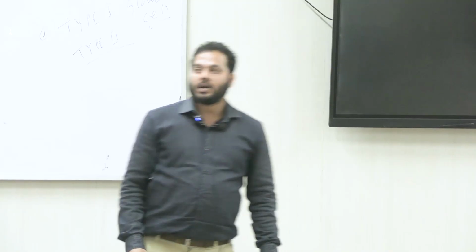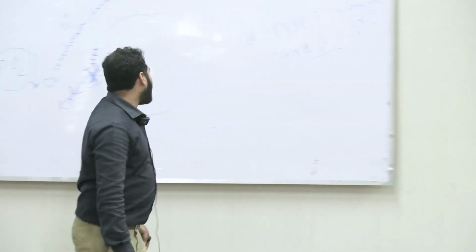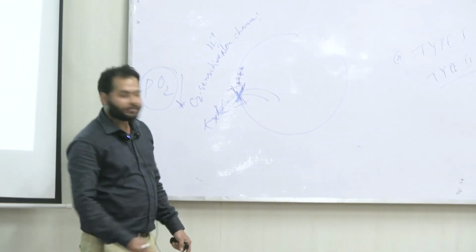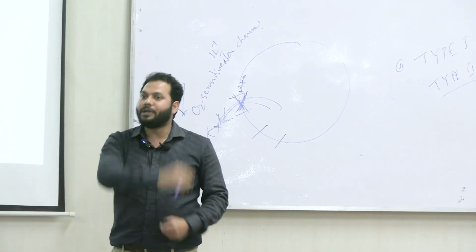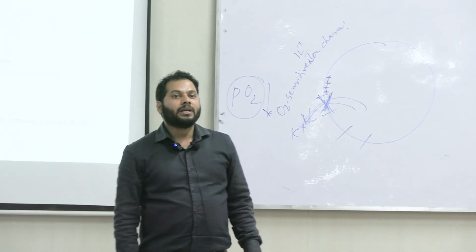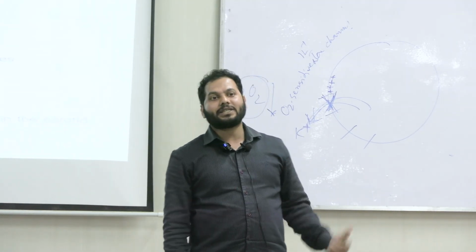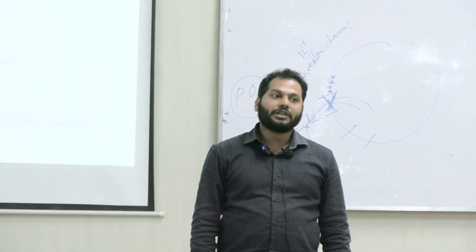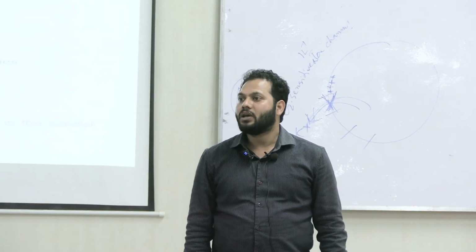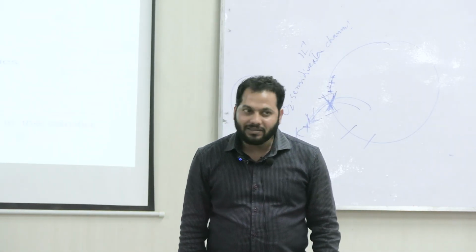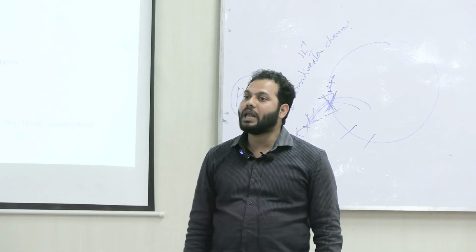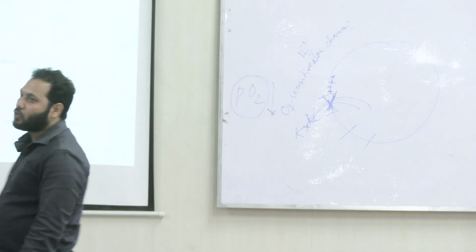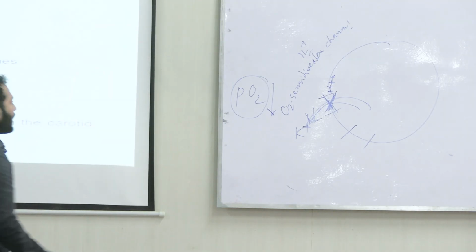After the phase of depolarization, another channel present in the surface membrane, called the calcium ion channel, opens and allows more and more calcium ions from outside to inside, right?